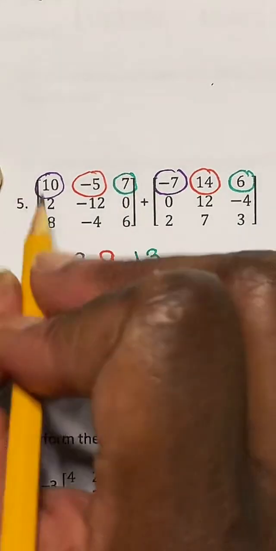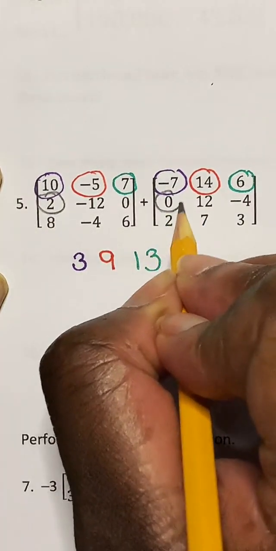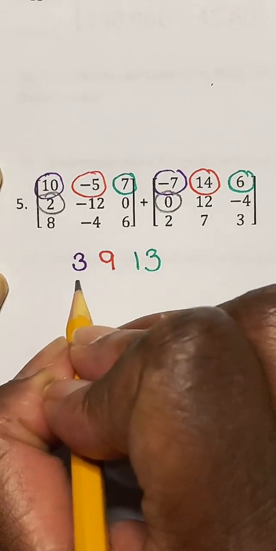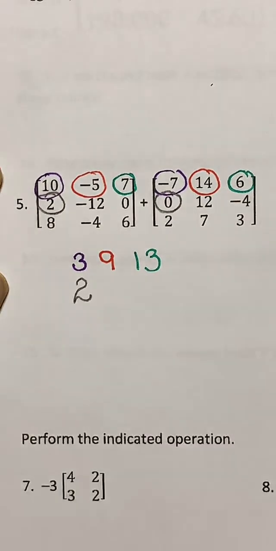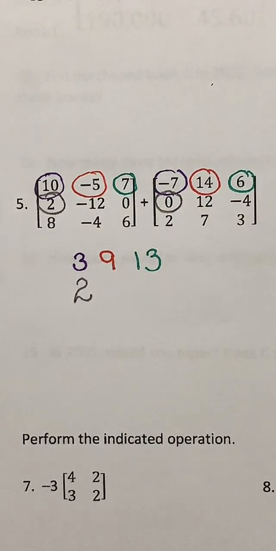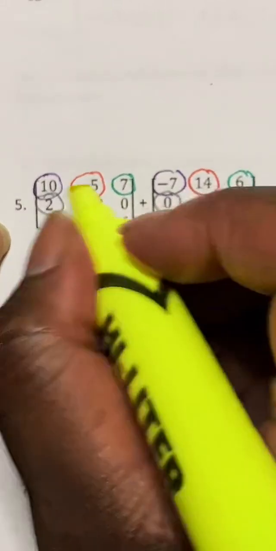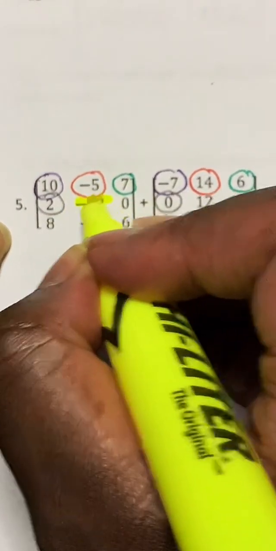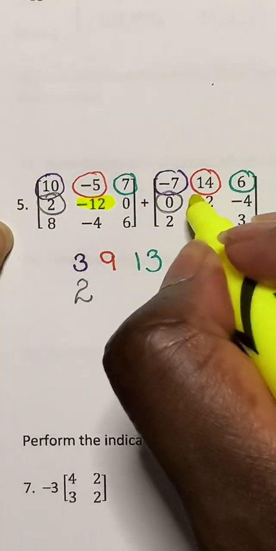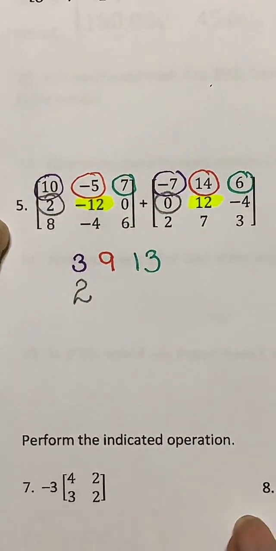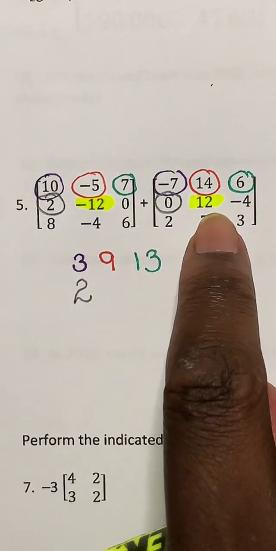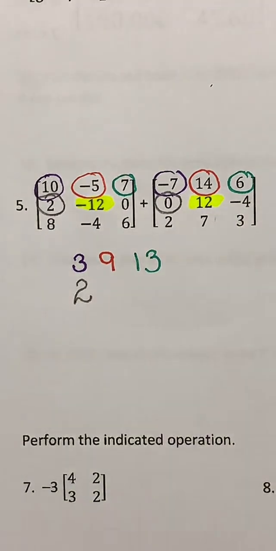So, second row, first column, 2 plus 0. 2 plus 0 gives me 2. Then we have second row, second column, adding to second row, second column.